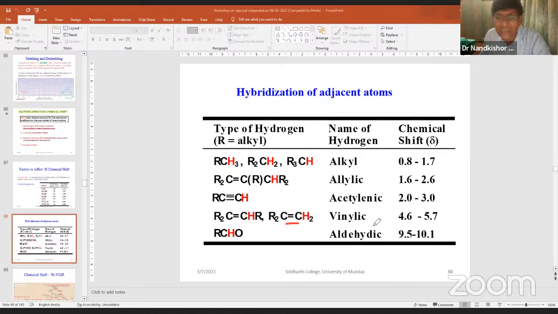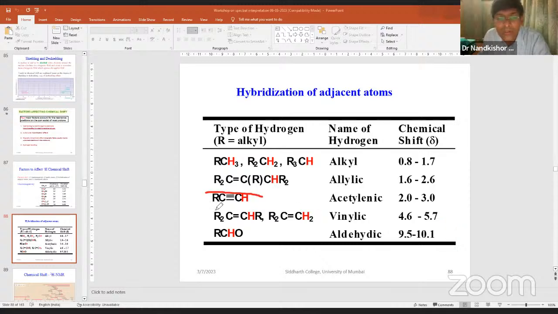These vinylic protons are 4.6 to roughly 6, that is 5.7. This is a higher del value. Whereas the carbonyl group, which is having H, has a del value of 9.5 to 10. So this aldehyde proton, which is sp2 hybridized, will have a very high effect on chemical shift value.